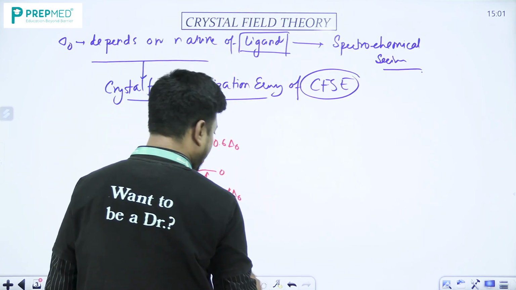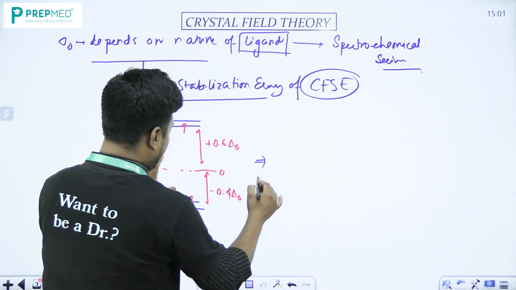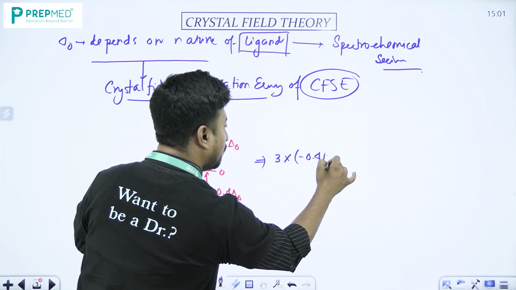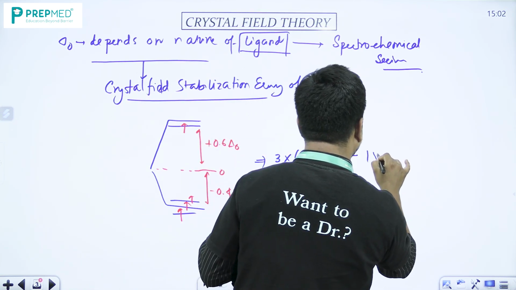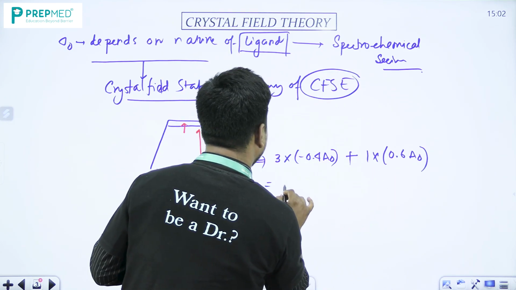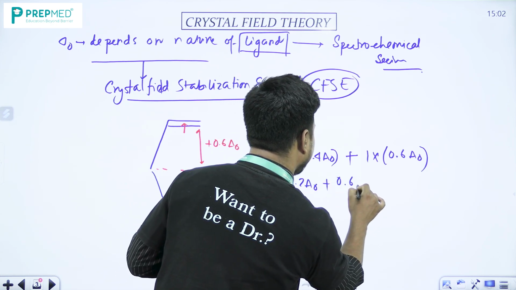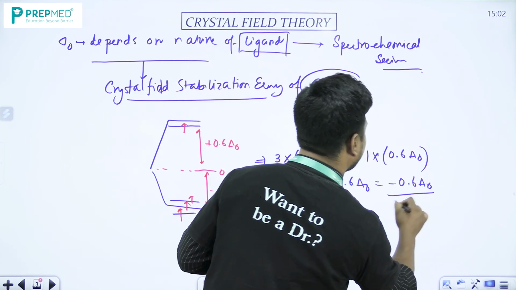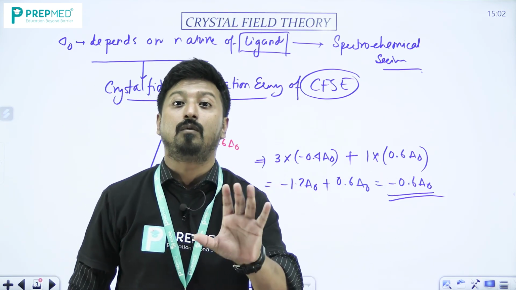The way we calculate CFSE here is 3 into minus 0.4 delta O plus 1 into 0.6 delta O, right? So this is equal to minus 1.2 delta O plus 0.6 delta O, which means it will be minus 0.6 delta O. This is your crystal field stabilization energy, and if the value is negative, that means the complex is stable.